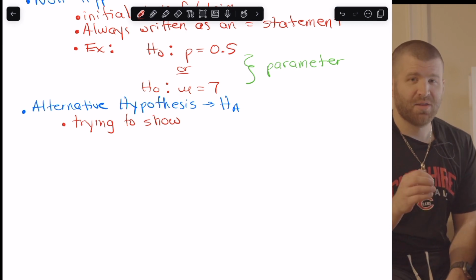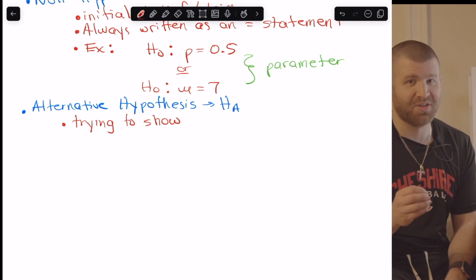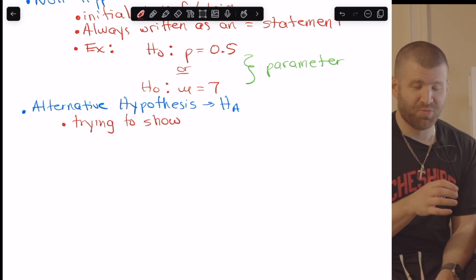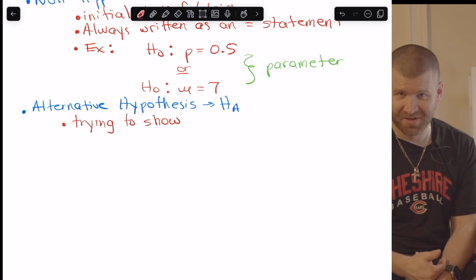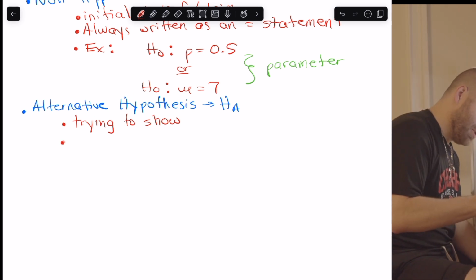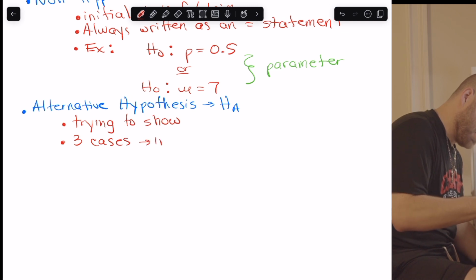You think that true proportion is actually lower than that. Your alternative hypothesis would be that the true proportion is less than that number. So the important thing here also is that we have 3 cases, and it's always written as an inequality statement.